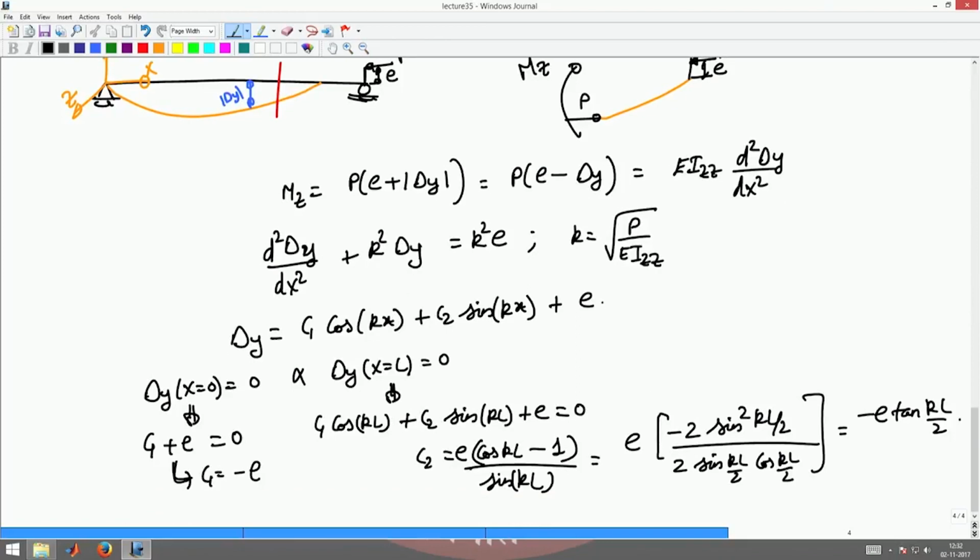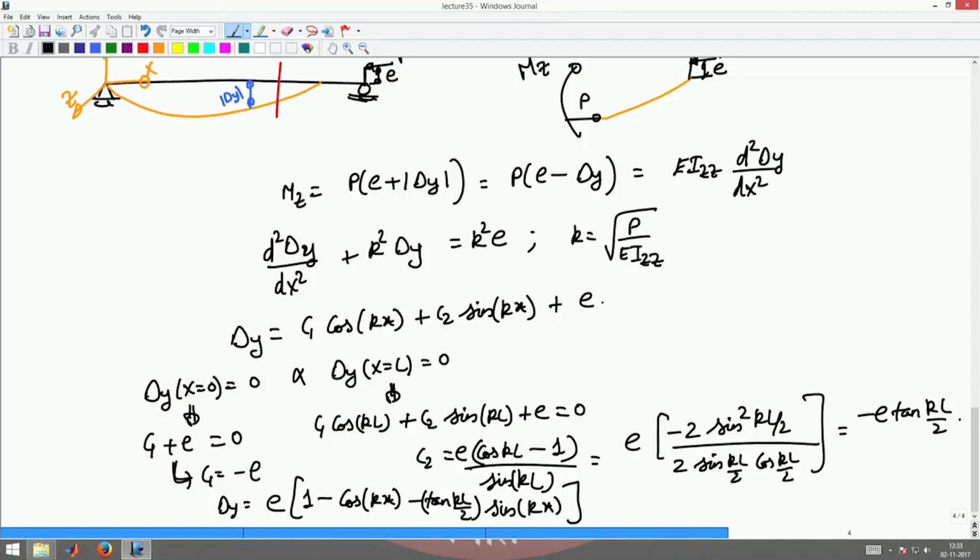Having found C1 and C2, delta y now, substituting for this, becomes e times (1 minus cos kx minus tan kL by 2 into sin kx).